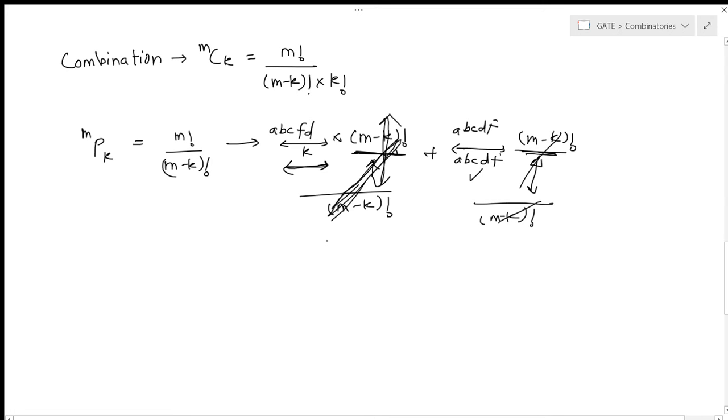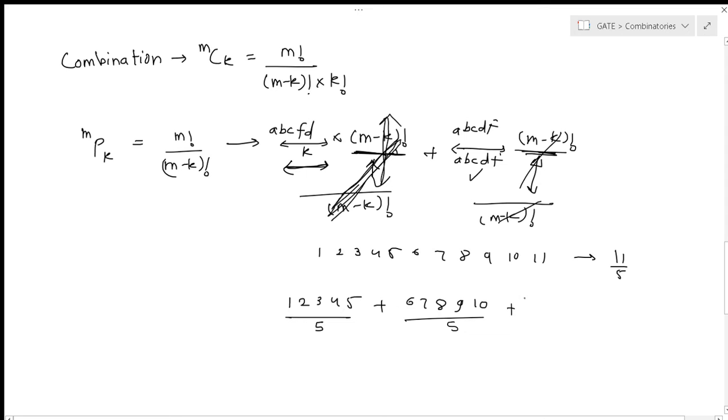It's as good as saying, if I have 1 2 3 4 5 6 7 8 9 10 11, and I say divide 11 by 5, what does it mean? It means 1 2 3 4 5, group the 5 elements, divide by 5, group the next remaining non-overlapping disjoint elements, divide them by 5, and this is 5.